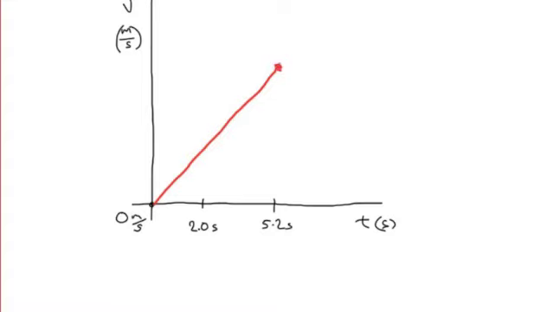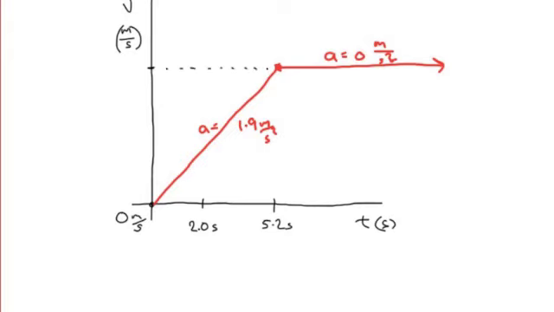So for 5.2 seconds, the runner accelerates at 1.9 meters per second squared. And then the rest of the race, whenever that goes to, the acceleration equals 0 meters per second squared. So what that means is the velocity is going to be constant. The velocity is going to be whatever it is right here.